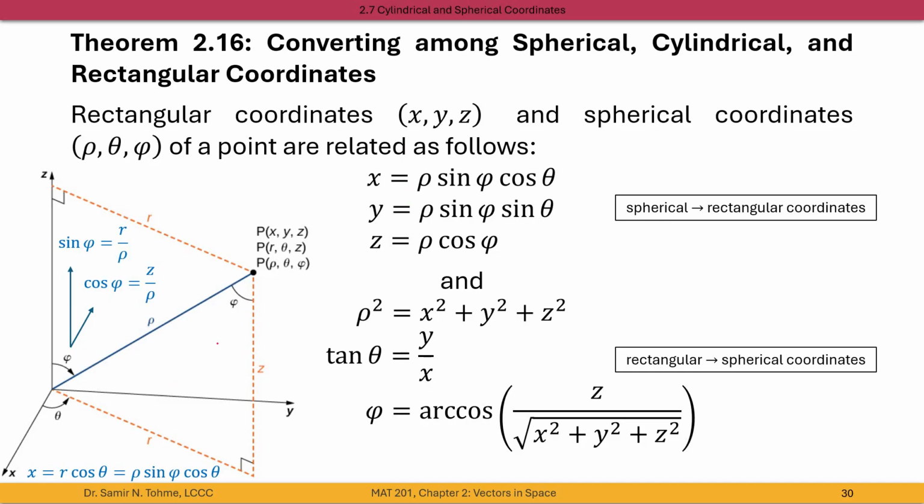Let's derive these equations. Now, we know from the previous case that x, when we projected this straight line onto the x-axis, we got this value of x. And we said that cosine theta is adjacent over hypotenuse, which means that we can cross multiply, rearrange the equation, and get x equal to r cosine theta.